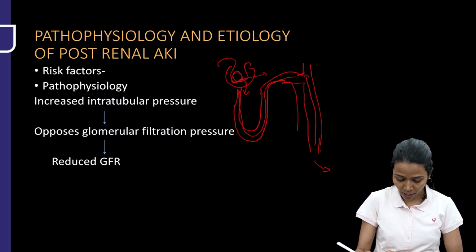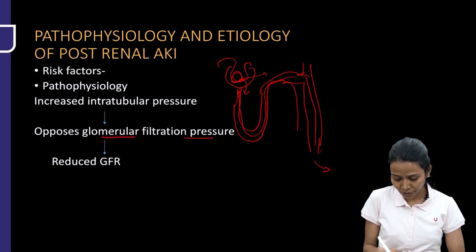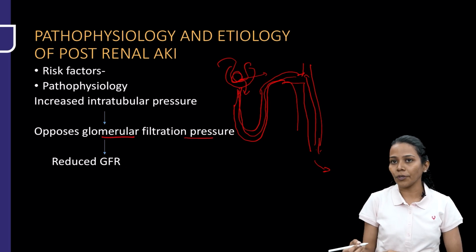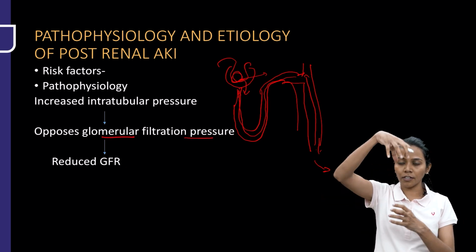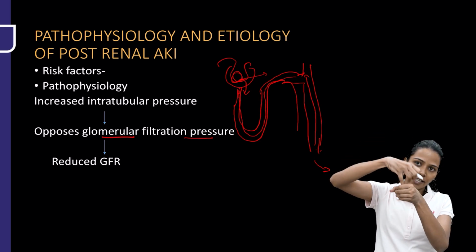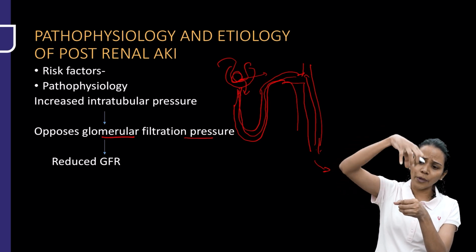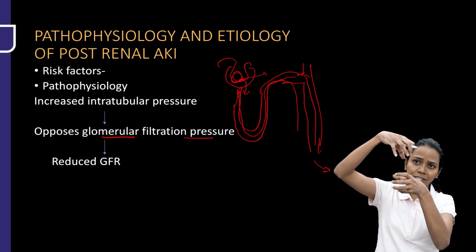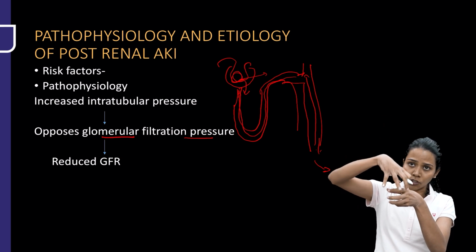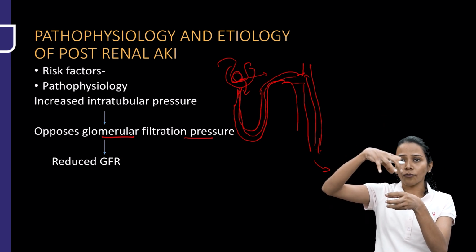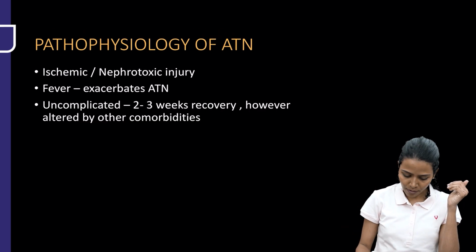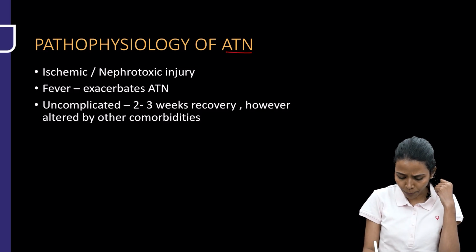Then only filtration will occur. So this increased intratubular pressure is going to oppose the glomerular filtration pressure. So filtration is not going to happen and GFR reduces. Because this tubular pressure is high, the glomerular filtration does not happen, and because of this, the GFR reduces.